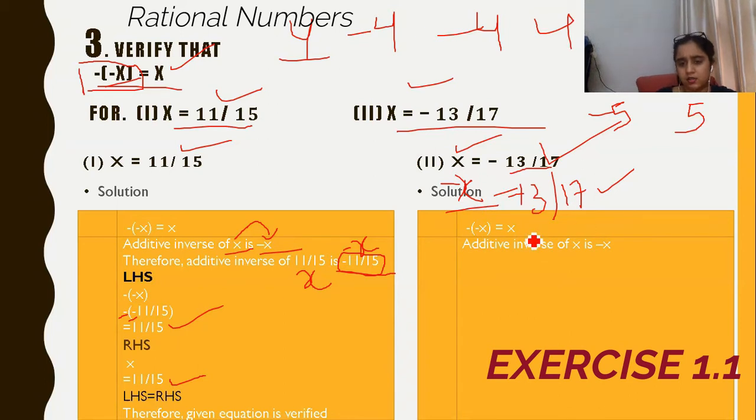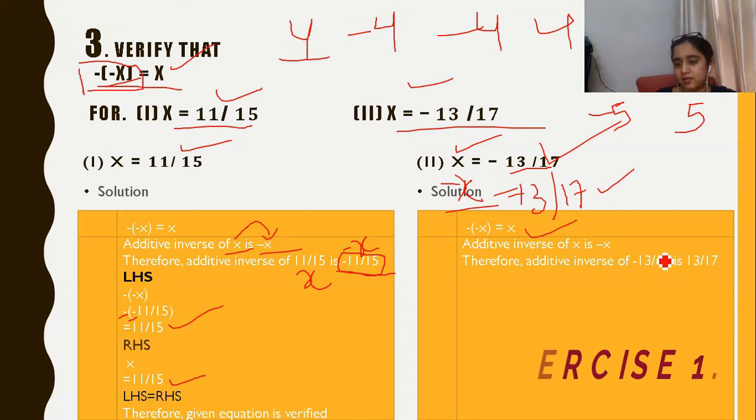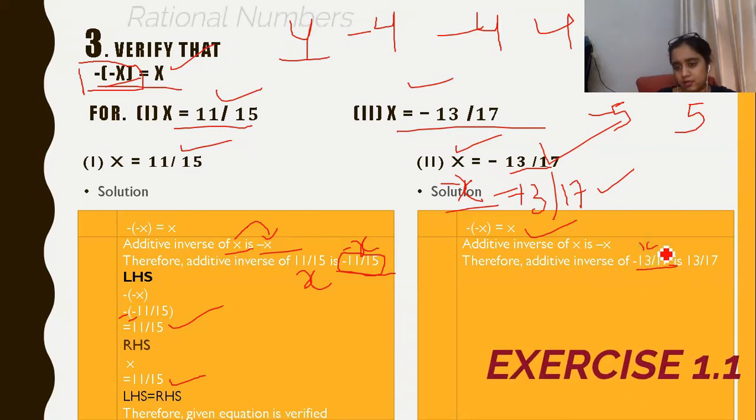I have just written down the question, and the additive inverse of x is minus x. Therefore, the additive inverse of minus 13 upon 17, what is this? This is the value of x, minus 13 upon 17, the value that they have given me in the question. So the additive inverse of x is minus x.